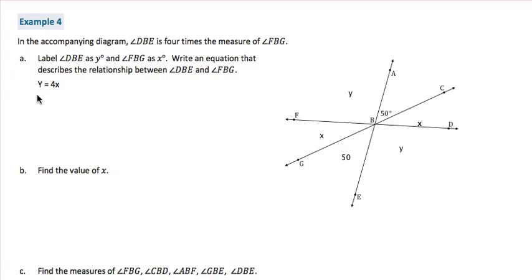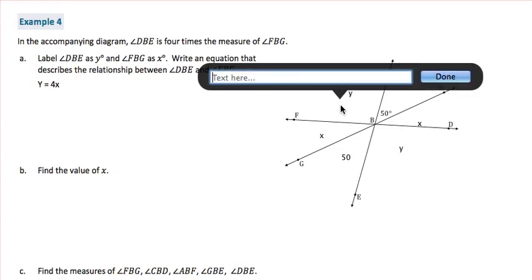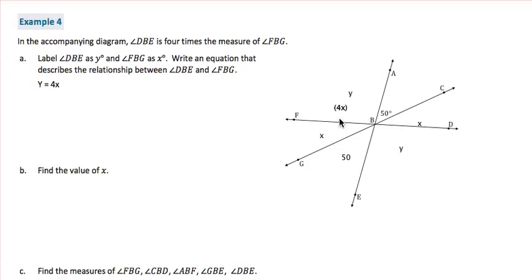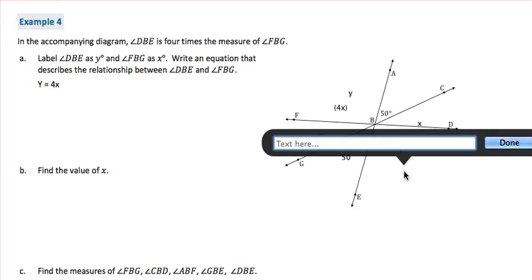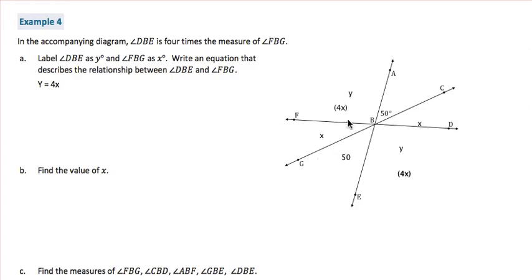Now, keeping in mind that the measurement of angle y is 4x, let's go back in here and remind ourselves that the measurement of y is 4x. Because we can't find two variables in the same equation, we can only find one.